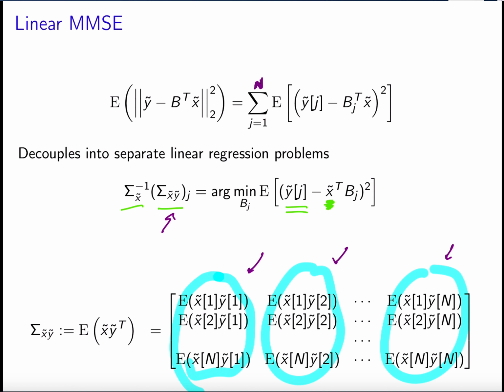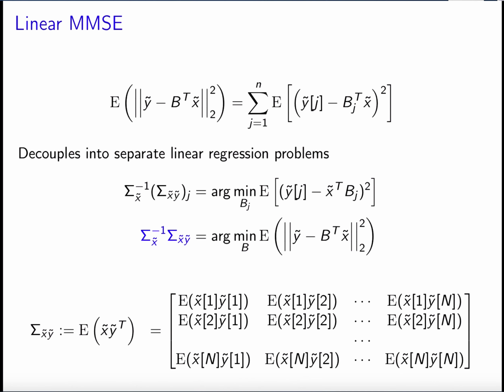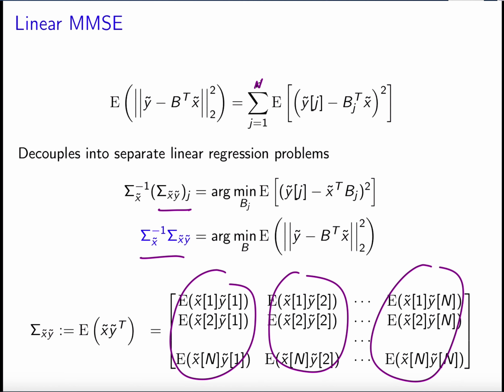This allows us to write the matrix B as just the inverse of the covariance matrix of x times the cross covariance of x and y. Okay, because each of these is one column of that matrix. So one column is given by this product. When we do this product, we're basically applying this matrix to each of these columns. So this is equivalent. Okay, this gives you the jth column of the best linear estimator. This gives you the whole matrix.